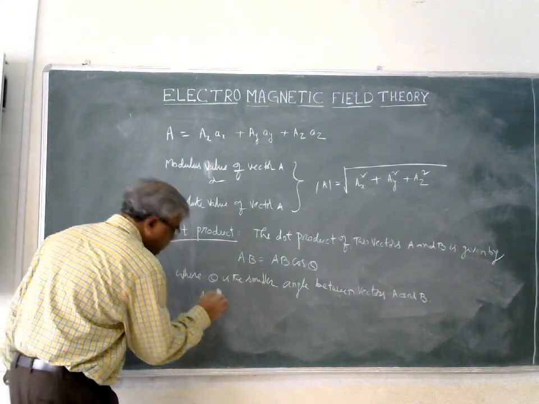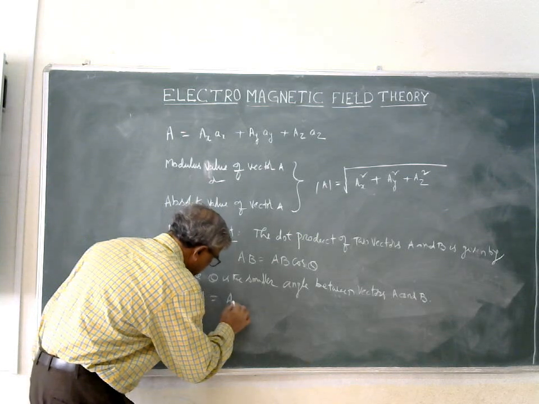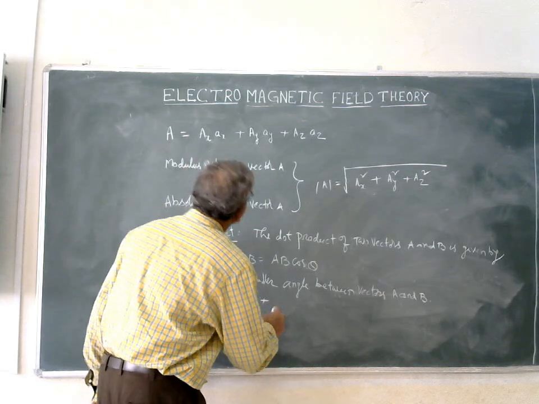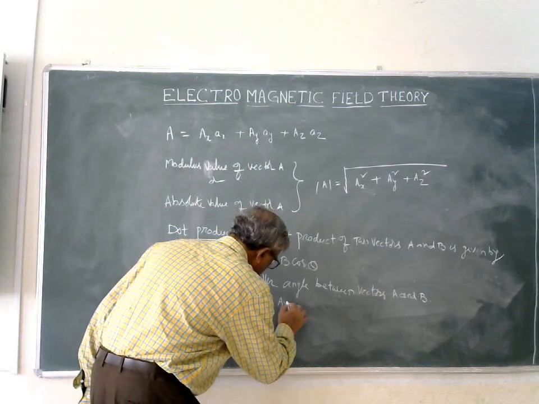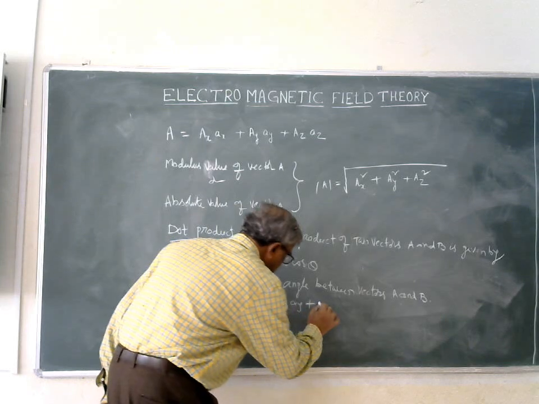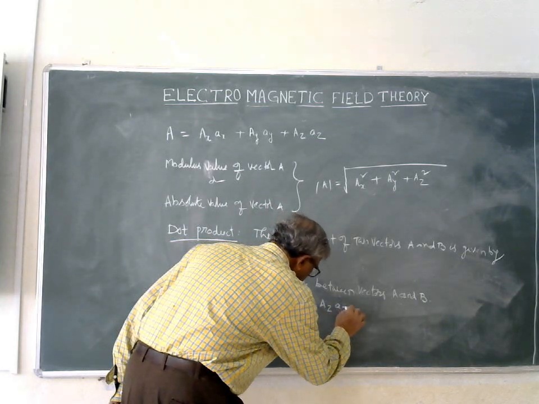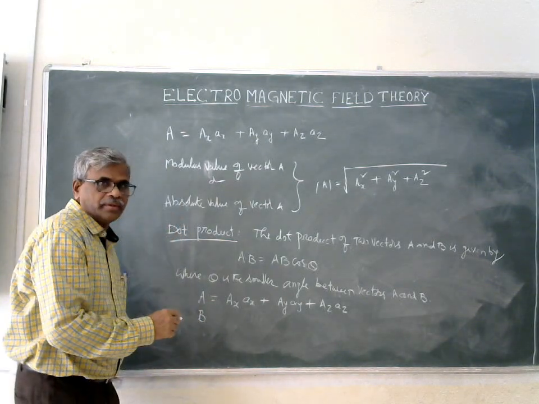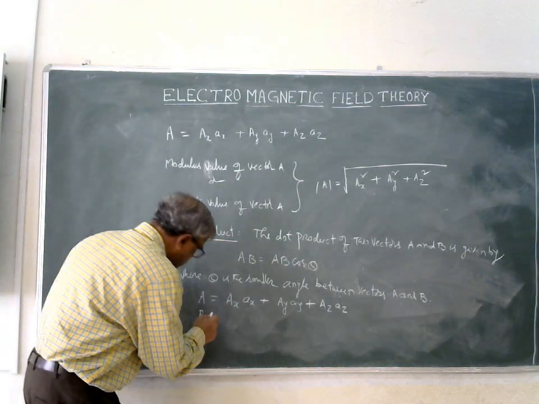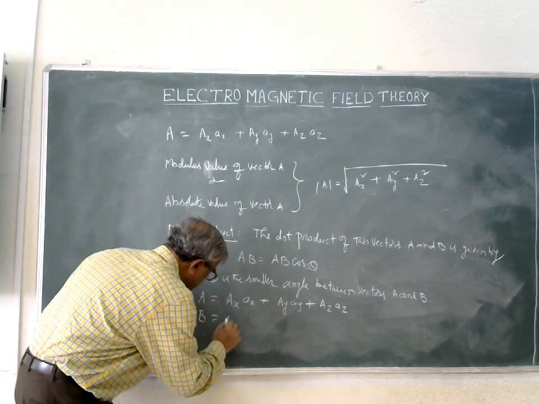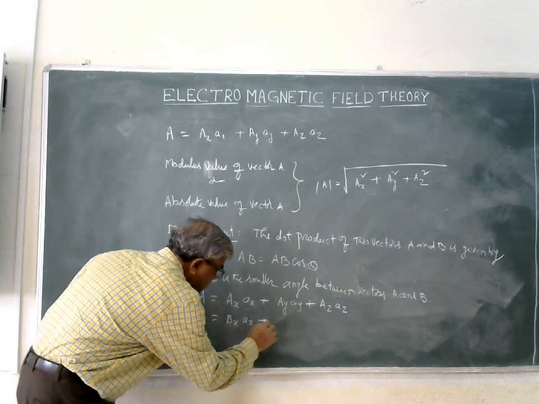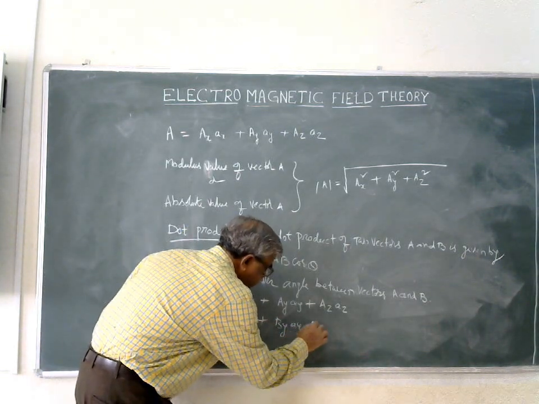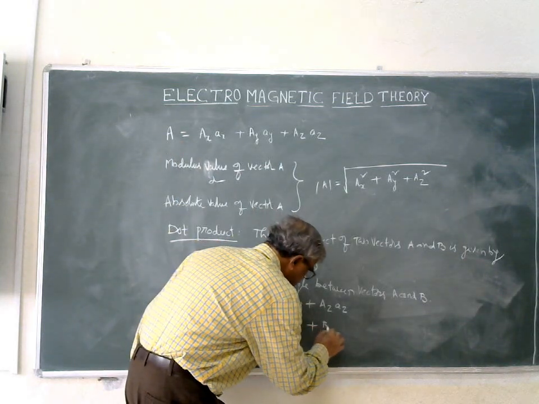Vector A is given by Ax small ax plus Ay small ay plus Az small az, and vector B is given by its component vectors Bx ax plus By ay plus Bz az.